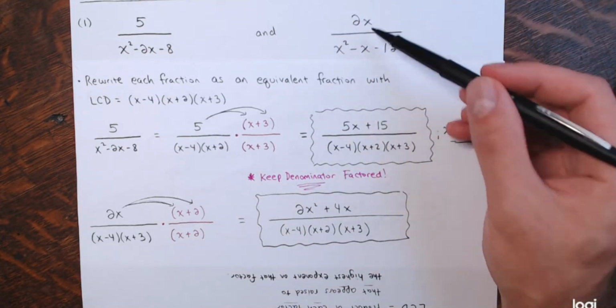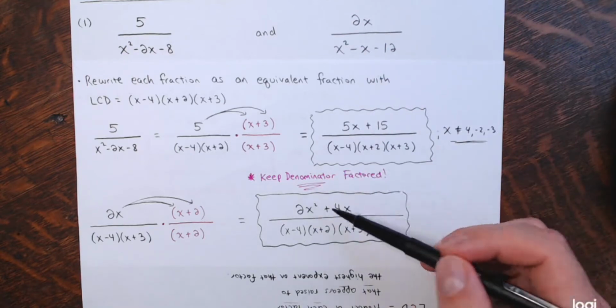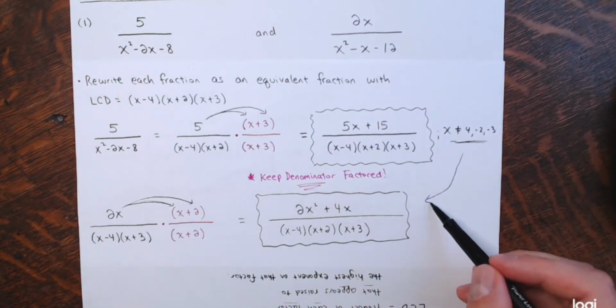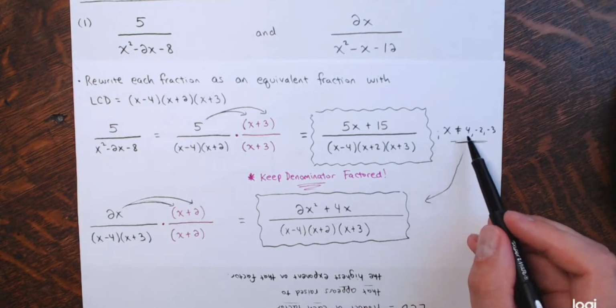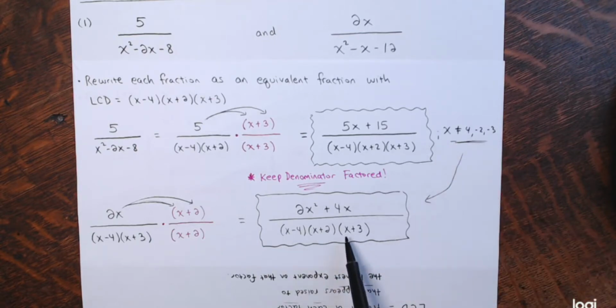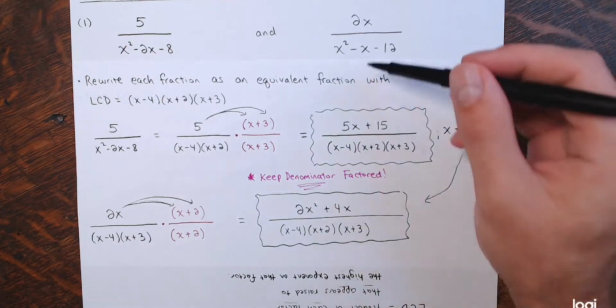This fraction and this fraction have the same value as long as x is not 4, negative 2, or negative 3, because if x is 4, negative 2, or negative 3, you're going to have a 0 in the denominator, and that's not good. But any other value, they'll be the same.